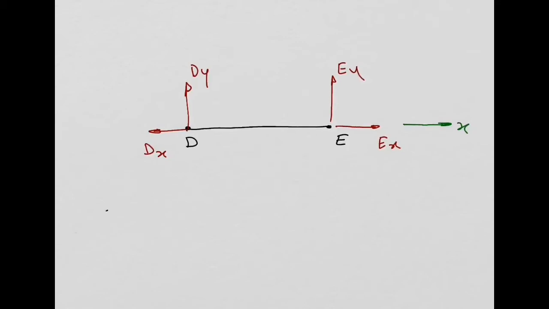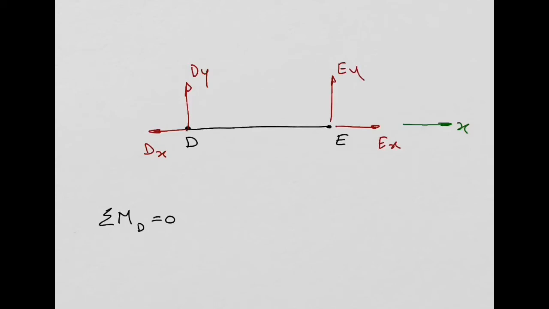All right? What I'm going to do now is this. We know one of the equilibrium equations is that the summation of moments about a point D, for example, needs to be equal to 0 for this strut to be in equilibrium. Dy and Dx don't produce any moment about D. You all agree? What about Ex? Does it produce any moment about point D? No. Ex is also passing through point D, right? So the only force here producing moments about point D is force Ey.